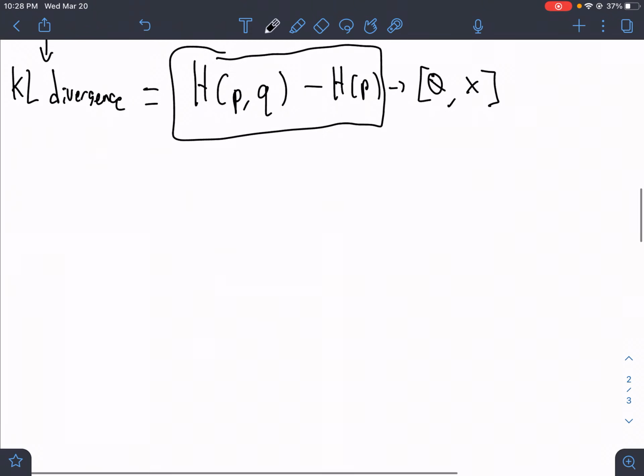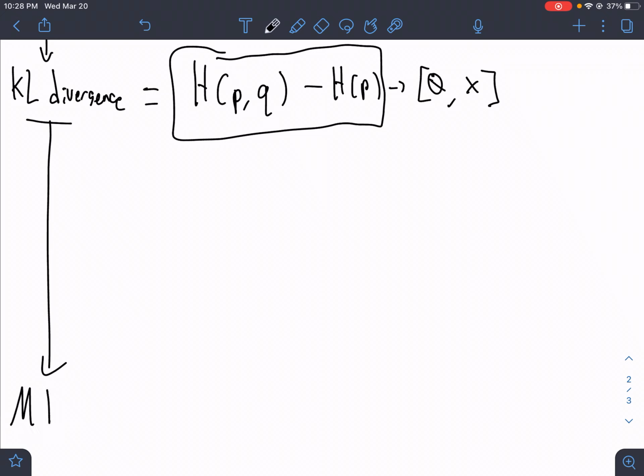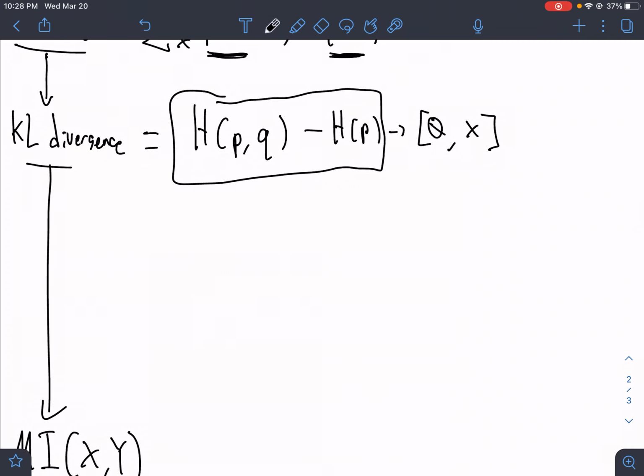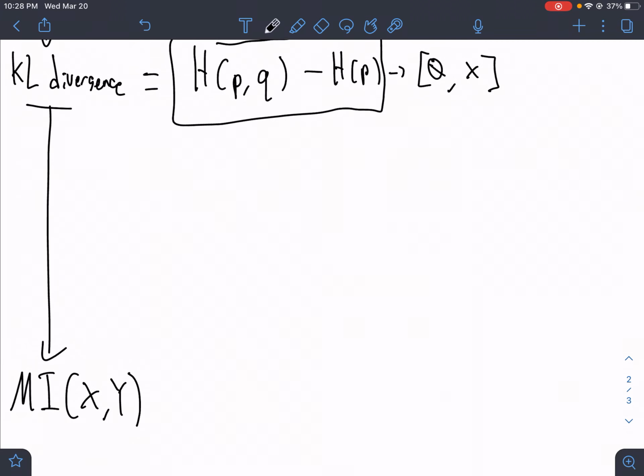So the next concept I want to go over is mutual information. This is the last concept for this video. You notice I left a lot of space here. Well, that's because I'm going to be deriving what KL divergence looks like. I'm just going to be doing a bunch of math.